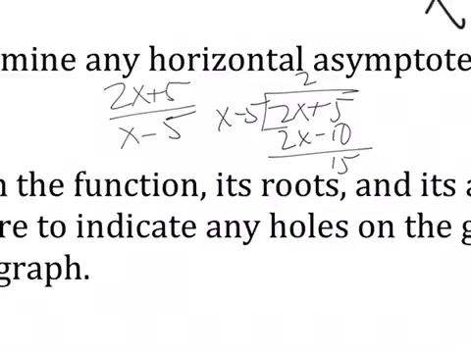That's our remainder. But this 2 right here is our horizontal asymptote. The shortcut is this also: if we take the coefficients 2 and 1, that's funky.